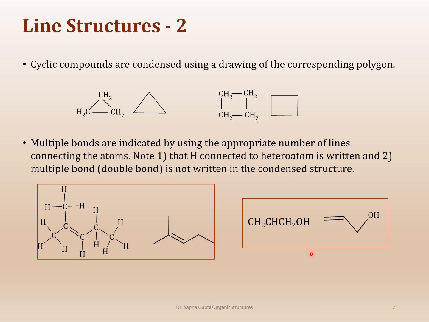Now, how did you know there was a double bond here? Because see, this is CH2, CH, CH2, and OH. So you are like, how did I know there was a double bond? Now, some textbooks will write the double bond in the condensed structure when technically they should not.